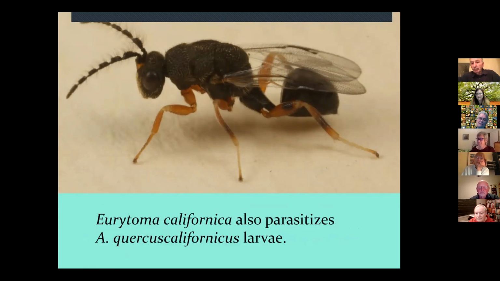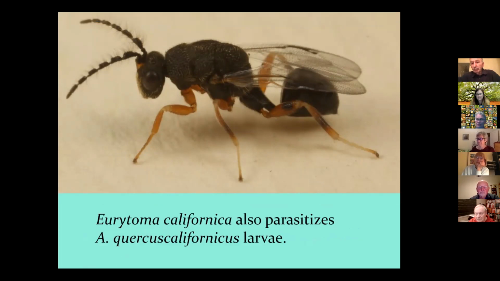This is bigger than the Pterimid you just saw, but as big as the Pterimus californicus we saw the first time through. These are as big as the larvae that are their host, and the larva is the Andricus quercuscalifornicus.